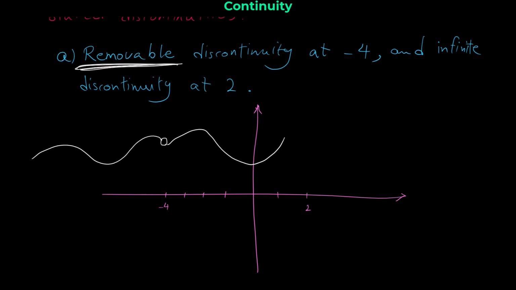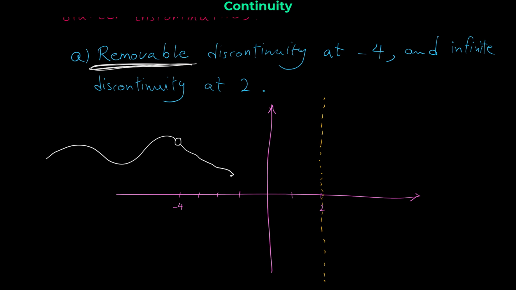Infinite discontinuity means that at that point we have a vertical asymptote. So let me draw a vertical asymptote at 2. Let's say this is our vertical asymptote. And let me erase this part here. I want to graph it again. Because we want to have infinite discontinuity at 2, I am going to start from -4.